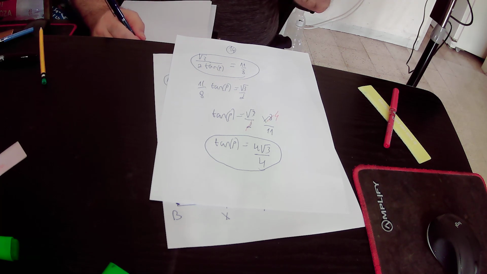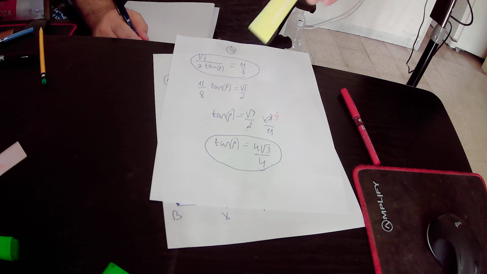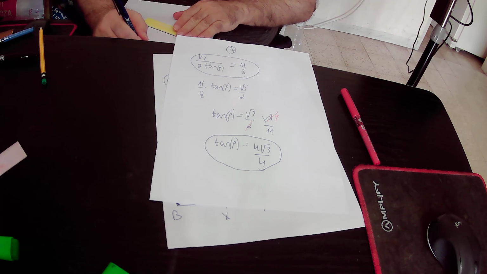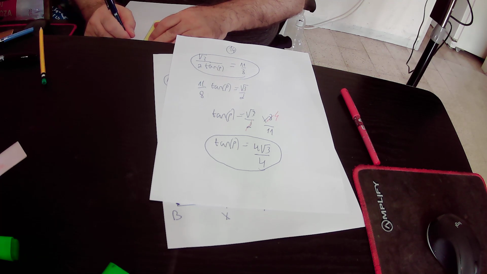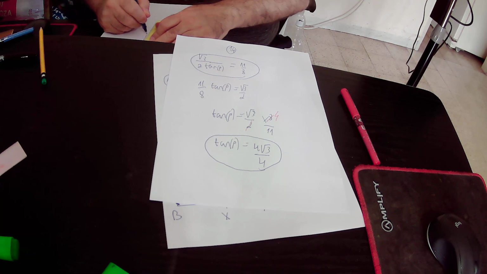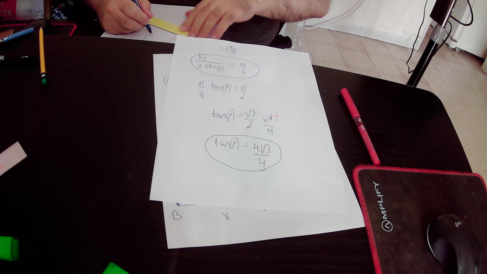Actually, the function tangent P expresses the relationship between the sides in a right triangle. So this specific function, tangent P equals 4 times root 3 over 11, can be expressed by drawing a right triangle.